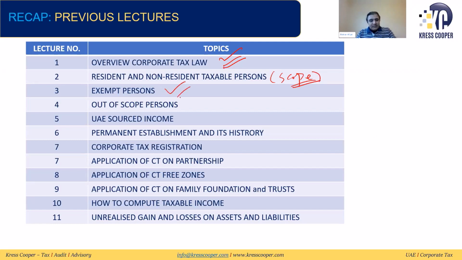Then we discussed exempt persons, out of the scope persons, UAE sourced income, permanent establishment and its history, corporate tax registration, application of corporate tax on partnerships, free zones, family foundations and trusts, how to compute taxable income, and unrealized gains and losses on assets and liabilities. These are the items that we have discussed till now.